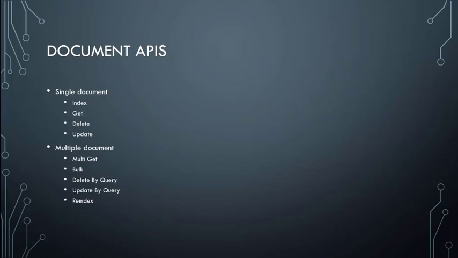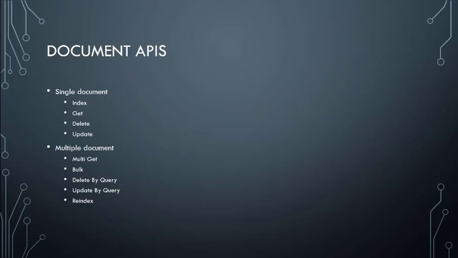Those REST APIs can either deal with a single document, such as the index, get, delete, and update APIs, or they can deal with multiple documents such as multi-get, bulk, delete by query, update by query, and reindex. The names are pretty self-explanatory, but let's run by them just to see what each means.